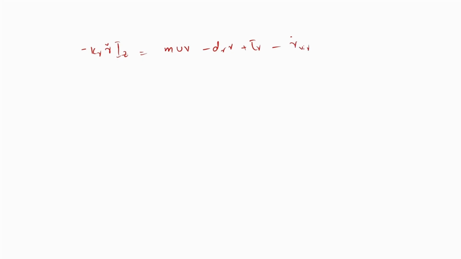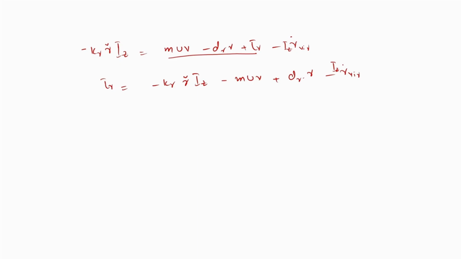So tau R will be minus KR R tilde Iz minus MUV, because this will go to the other side, and then we will be having this plus dr times R minus R virtual dot. But remember, we will have Iz over here. I forgot to write that, because Iz was multiplied throughout and it cancelled out over here, but it did appear over here due to the multiplication on the right hand side.